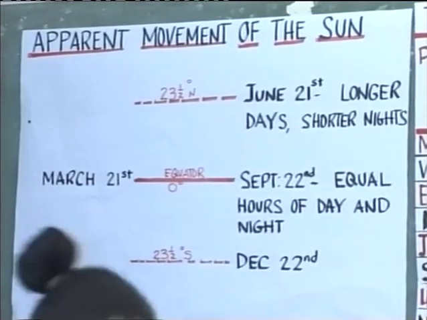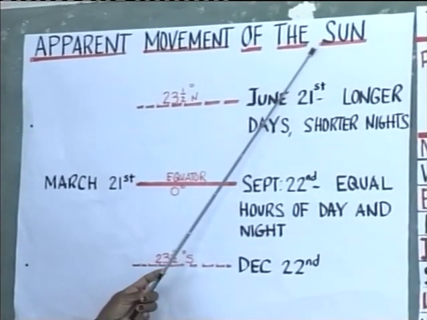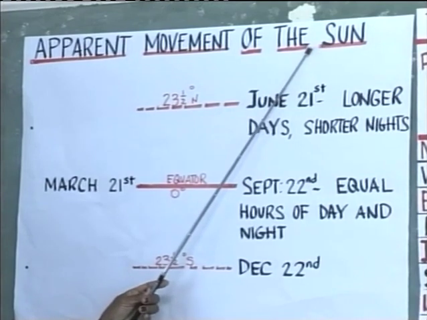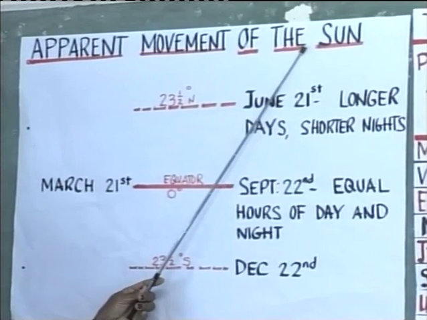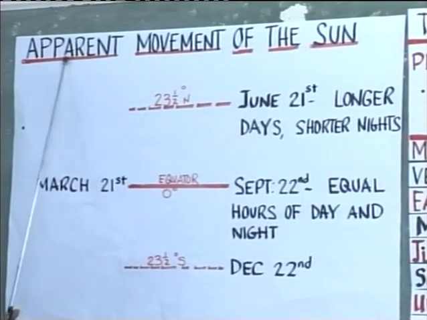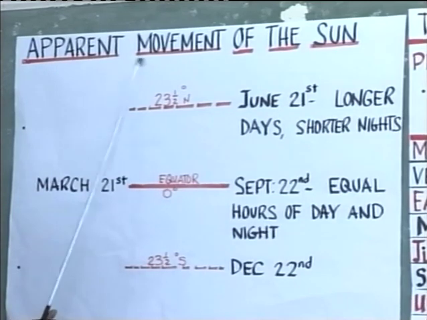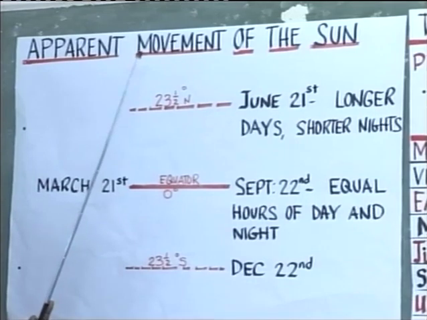Note the title of the chart. It says there, the apparent movement of the sun. We already know that the sun does not move. It is the planets that orbit around the sun. So do not see the title as the apparent movement and think the sun moves. No, the sun stays in that same position.